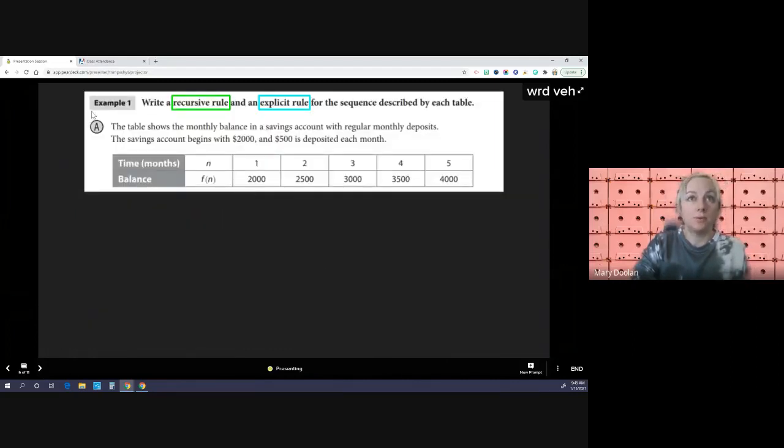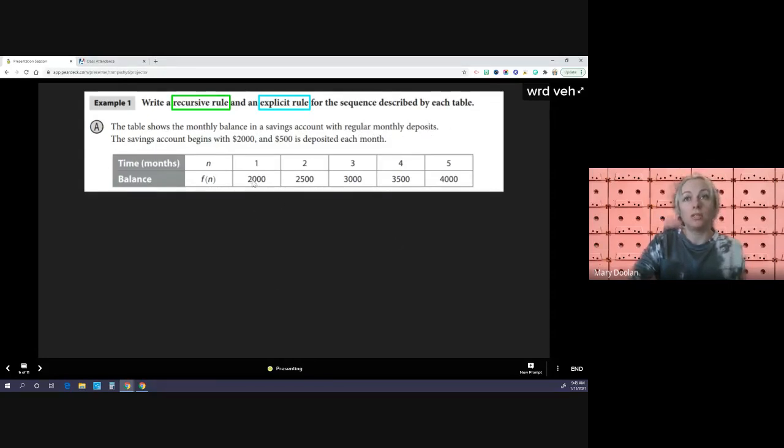Here's an example where we have a table of values, time in months. So for n, we have 1, 2, 3, 4, 5, and the balance, f of n, 2,000, 2,500, 3,000, 3,500, 4,000. This is a table that shows the monthly balance in a savings account with the same regular monthly deposit.